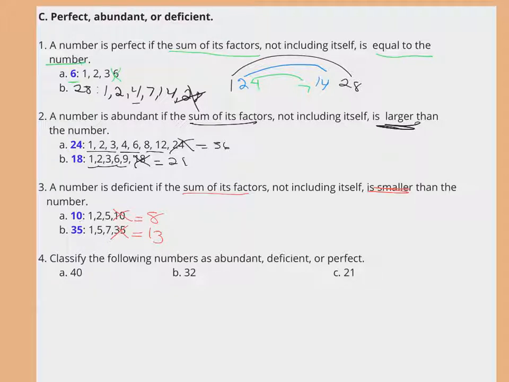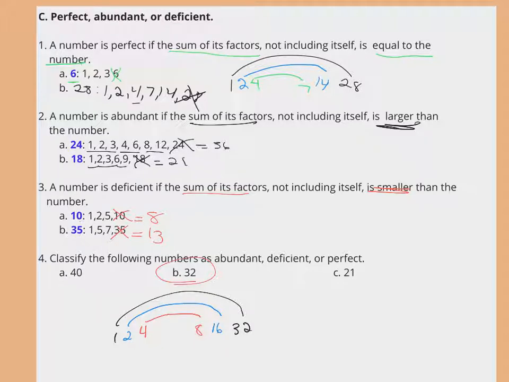So we can continue on practicing that and classifying the numbers below as abundant, deficient, or perfect. I'm just going to do one for you, and then you'll have a couple practice ones in the Nearpod. But let's take a look at 32. If we look at the factors of 32, I know that I have 1 and 32. I have 2 and 16. 3 is not a factor, but I do have 4 and 8.